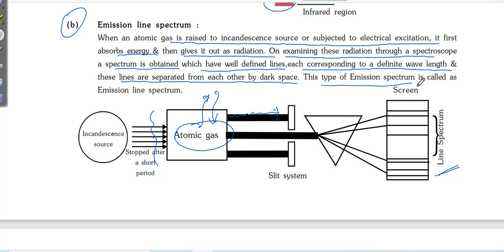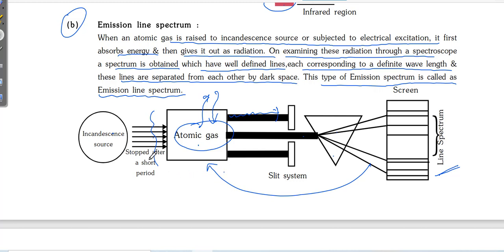This type of emission spectrum is called the emission line spectrum. Understood now? It absorbs light first, then while emitting, the light passes through the prism and gives some lines. So these energies were absorbed previously by this gas.